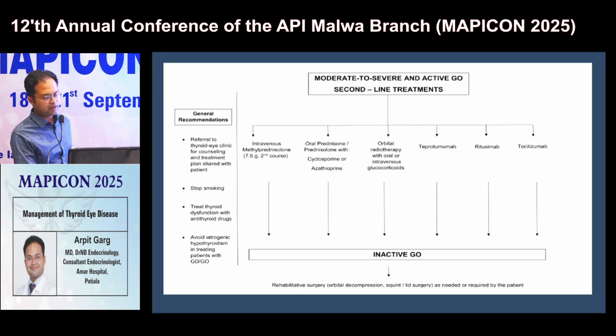All these drugs are being tried because they ultimately carry anti-inflammatory properties, and if the patient is not responding to steroids, these drugs are being tried because the side effects are less as compared to steroids, but concrete evidence has still not emerged with these therapies. But once the disease becomes inactive, go for the rehabilitative surgery.